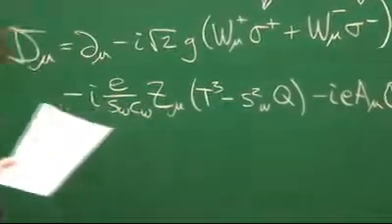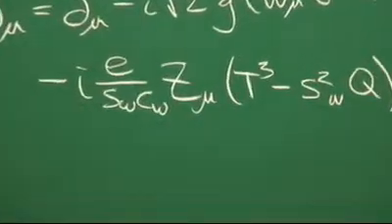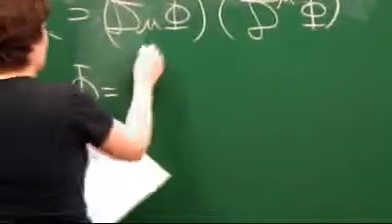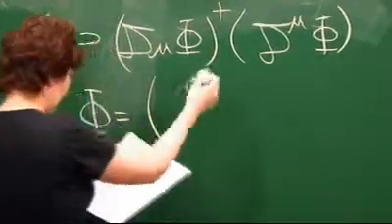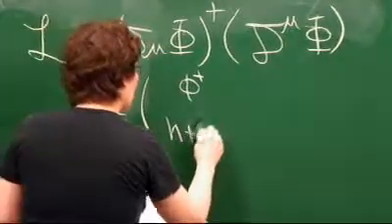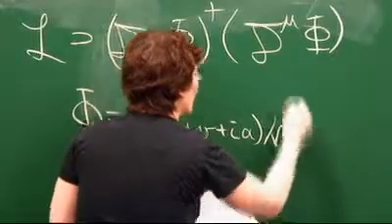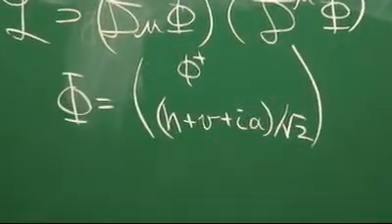Okay, Q is the electric charge. And I'm going to apply this to the Higgs field. And let me write out the full Higgs field, not in the unitary gauge. So let me keep these extra modes, because this is the analog of what I want to do with the two Higgs doublet model. Okay?